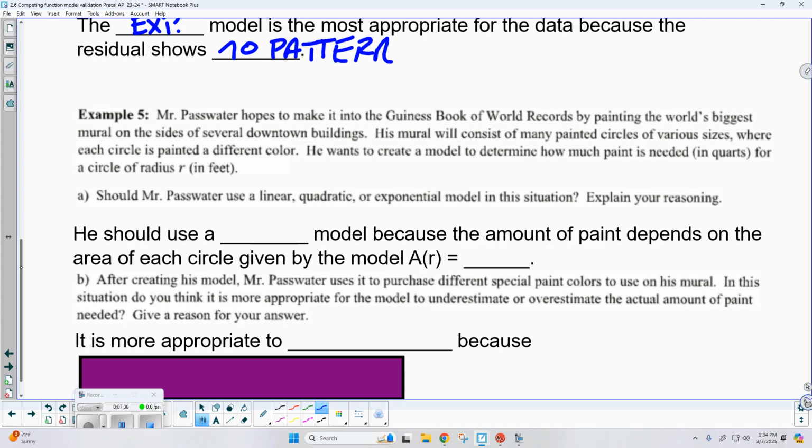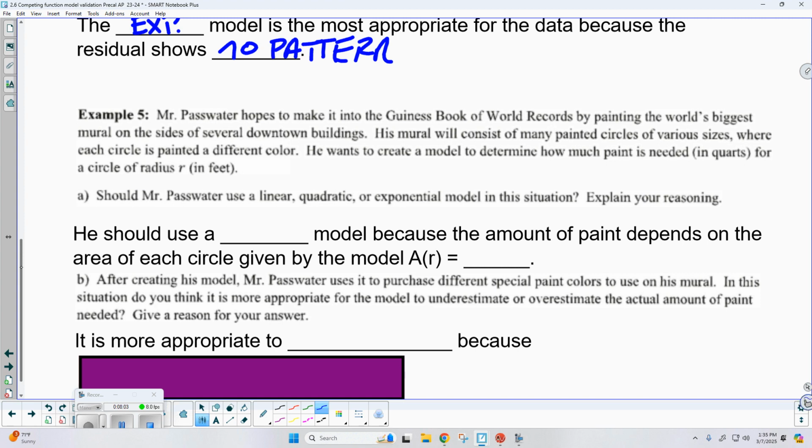So part A, should Mr. Passwater use a linear, quadratic, or an exponential model in this situation? I've already got my statement ready to go. He should use a blank model because the amount of paint depends on the area of each circle given by the model A of r equals blank. So what are we thinking? Linear, quadratic, or exponential?